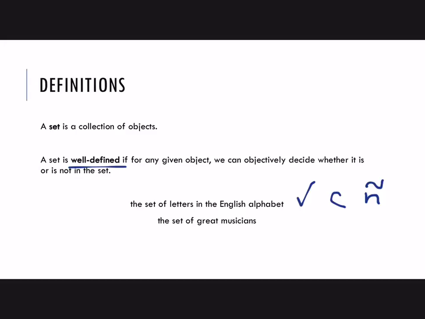The set of great musicians, on the other hand, is not a well-defined set. This is a subjective type of set. Different people would have different opinions on who should or should not be in this set.